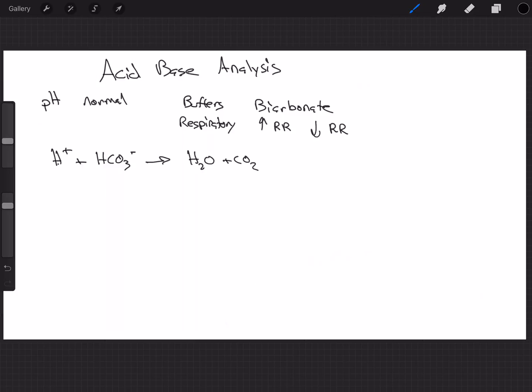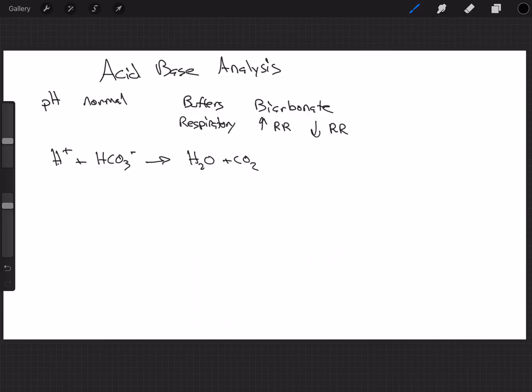So then we can breathe out or urinate out the water, and we can breathe out the carbon dioxide. So this is a way for our body to buffer too many hydrogen ions by taking some bicarbonate out of reserves and then combining it, turning it into water and CO2, and breathing out the carbon dioxide. The acid has left the body.